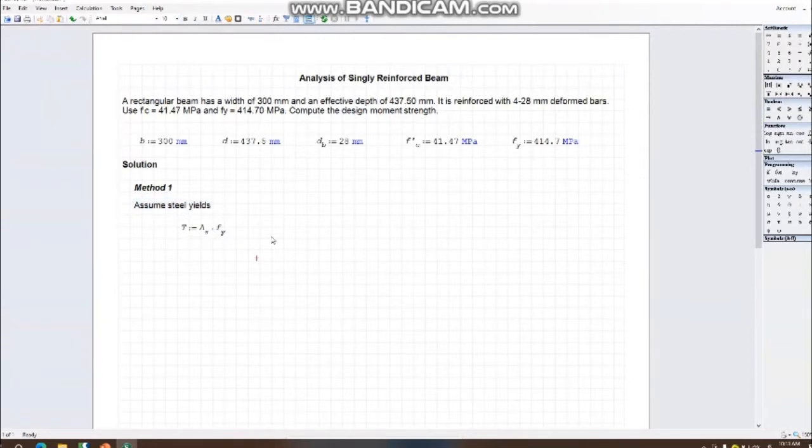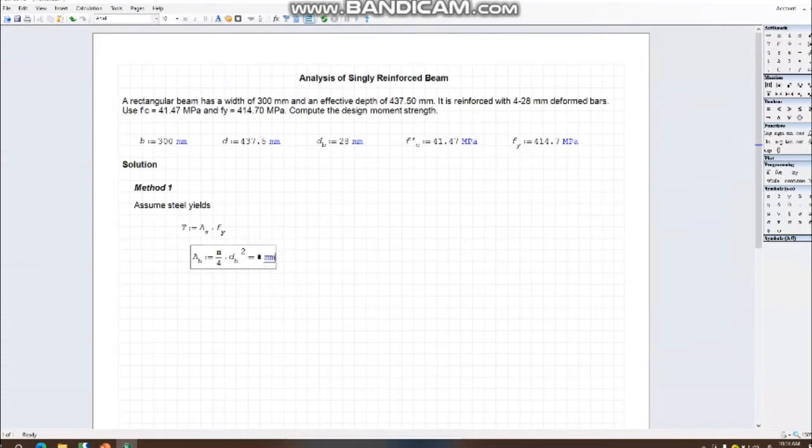But our As still needs to be computed. Since what is given is the 28 mm bar, we calculate the area of the bar: pi over 4 times the diameter of the bar squared, to get the area.